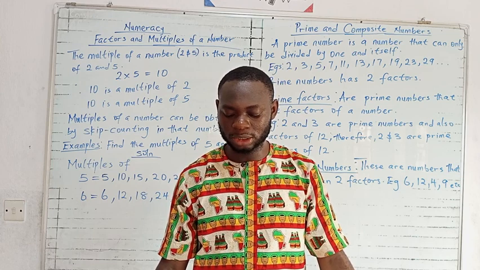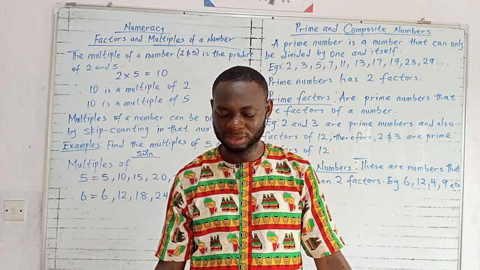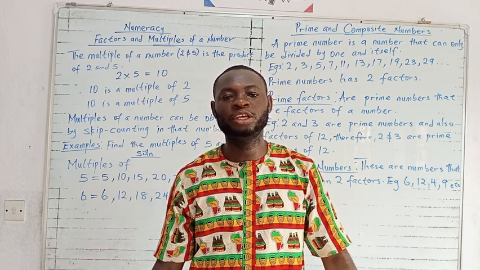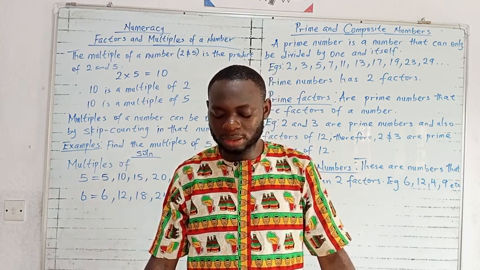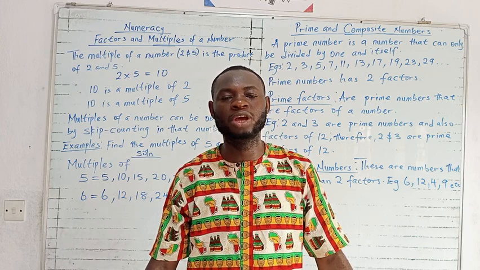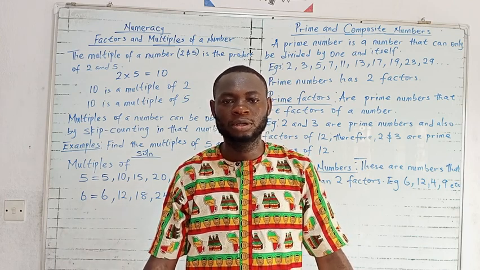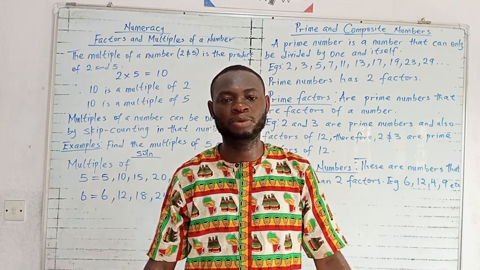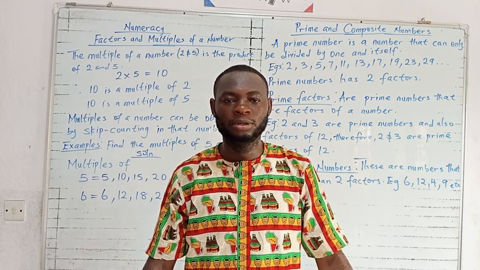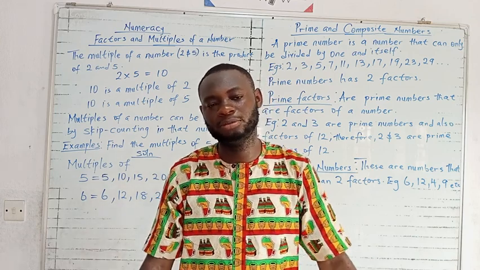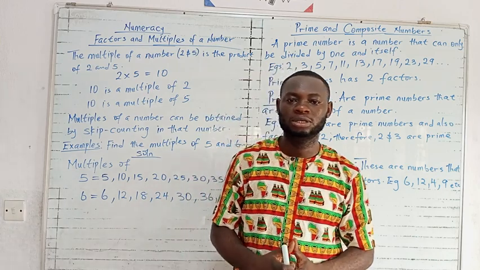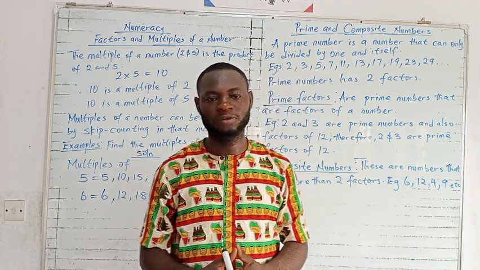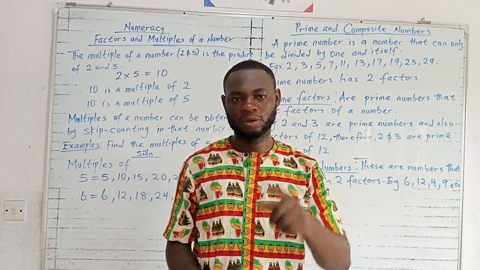Then we will look at finding the product of prime factors of a number. We look at finding the lowest common multiple and the highest common factor of numbers. Then we keep on going like that till we get very conversant with multiples and factors of a number. So I'll see you in our next class.